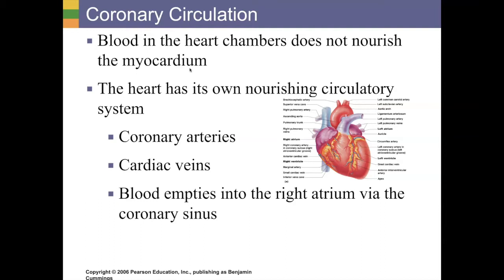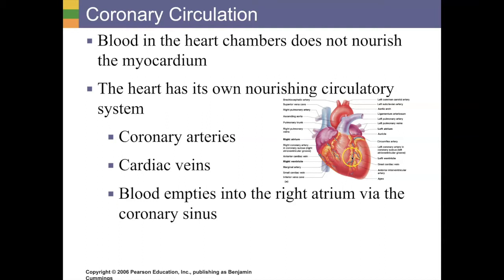There are specific arteries and veins known as coronary arteries and cardiac veins that give the cardiac muscle the oxygen it needs to constantly do its job and take away the carbon dioxide from doing that job.